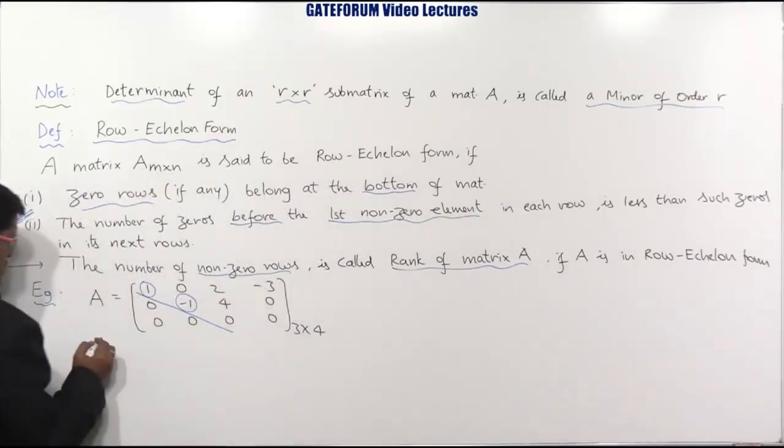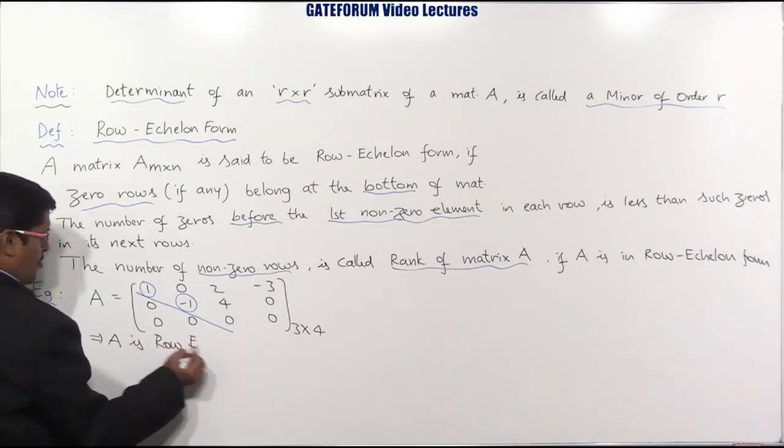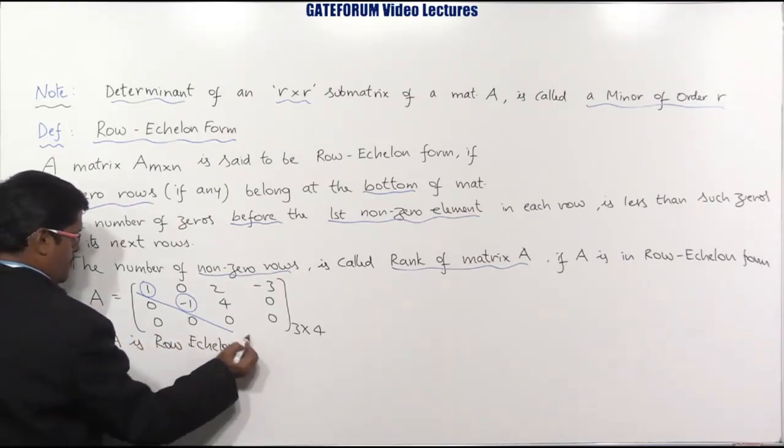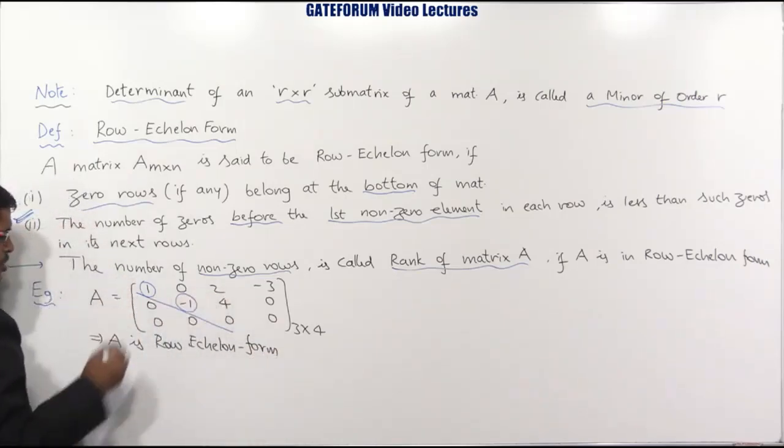So this implies A is in row echelon form. How many non-zero rows? The first 2 rows are non-zero.